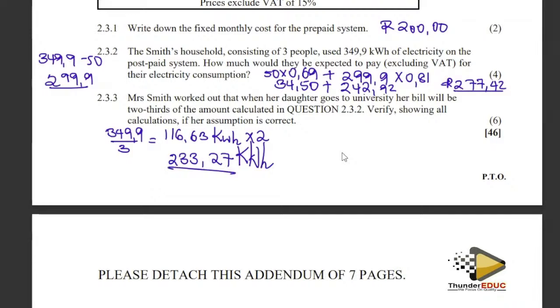So we go there and we see, definitely 50 times 0.69 plus. Of the units used, we subtract 50. What do we remain with? We remain with 183.27. This one belongs to the second bracket.